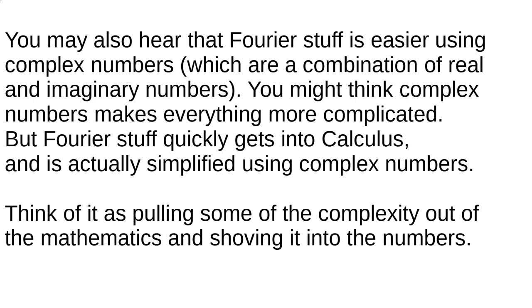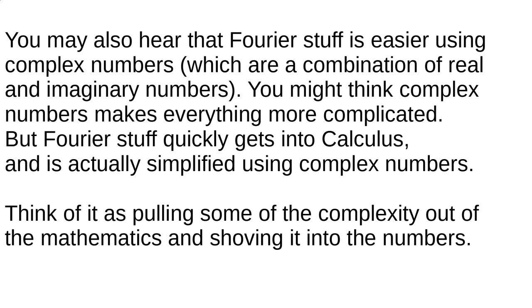You may also hear that Fourier stuff is easier using complex numbers, which are combinations of real and imaginary numbers. You might think complex numbers makes everything more complicated. But Fourier stuff quickly gets into calculus and is actually simplified using complex numbers.